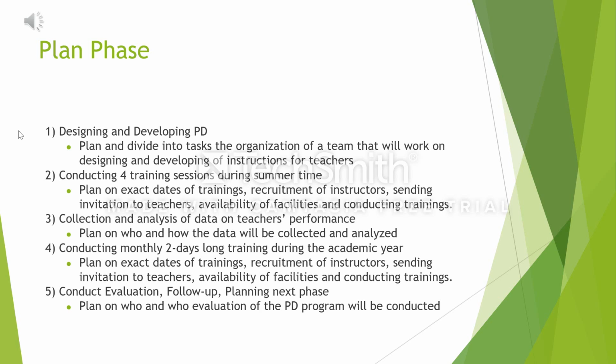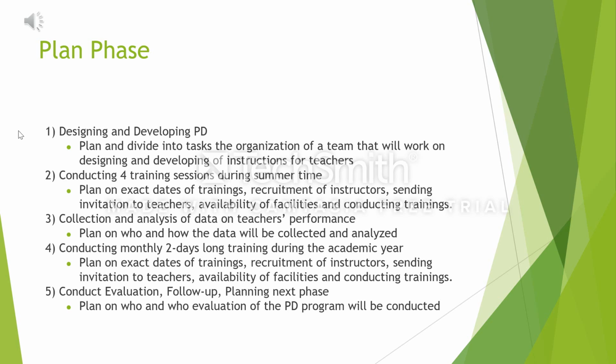The first objective is designing and developing professional development. Here we plan and divide into tasks the organization of a team that will work on designing and developing of instructions for teachers. Completion of these tasks will take exactly 1 year from July 1st, 2020 till June 30th, 2021.